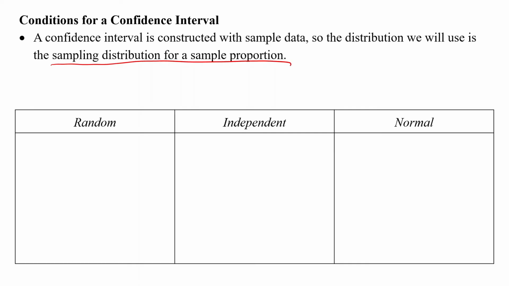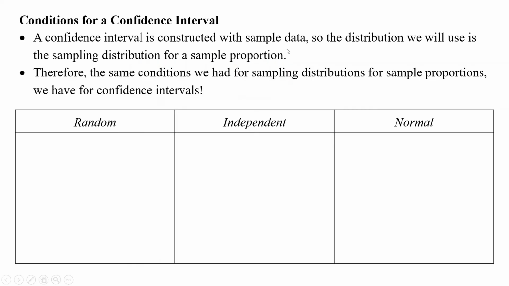In our Unit 5 videos, I always talked about how we're going to be using this for inference, and here it is. The same conditions we had for the sampling distributions for sample proportions are what we have for confidence intervals. So this random, independent, normal, it's all going to look the same, mostly from sampling distributions.